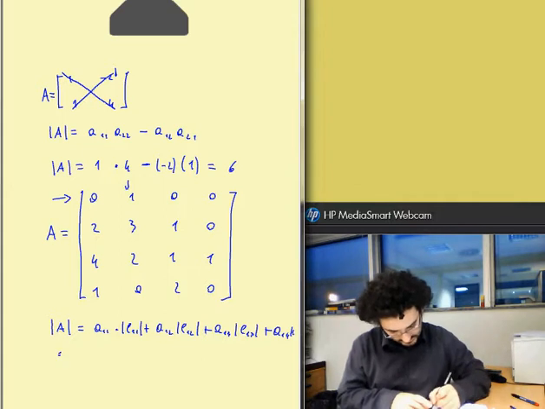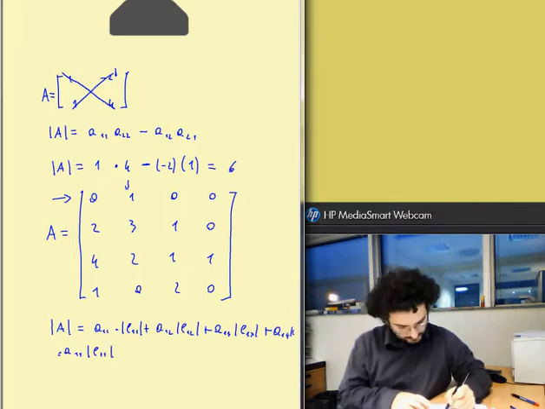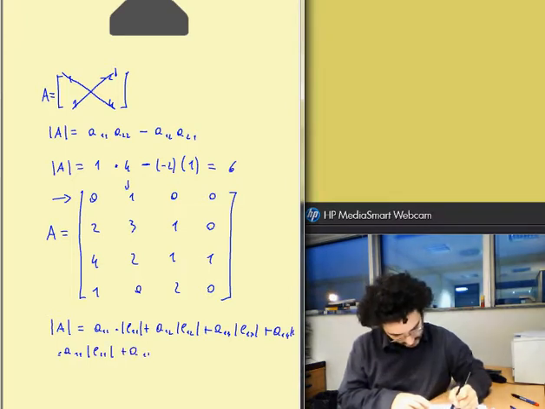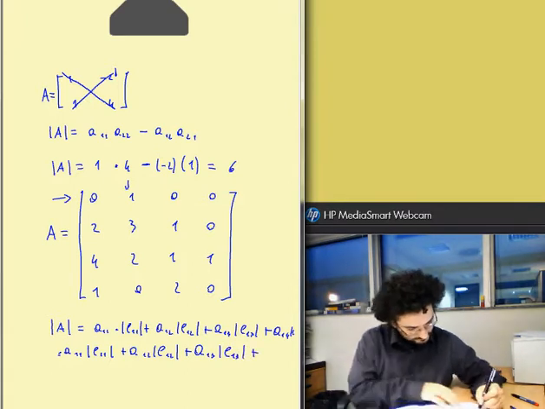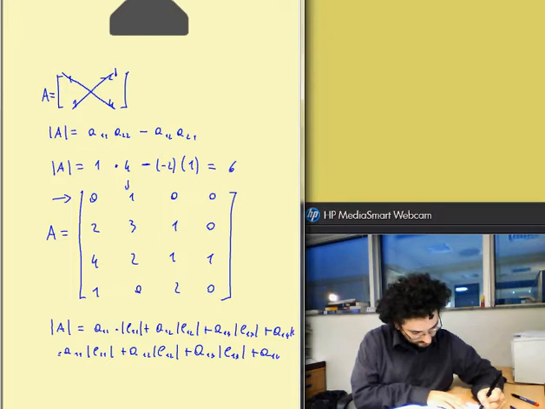So this is equal to A11 times the cofactor C11, plus A12 times the cofactor C12, plus A13 times the cofactor C13, plus A14 times the cofactor C14.